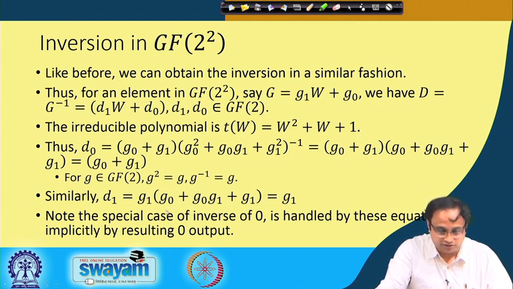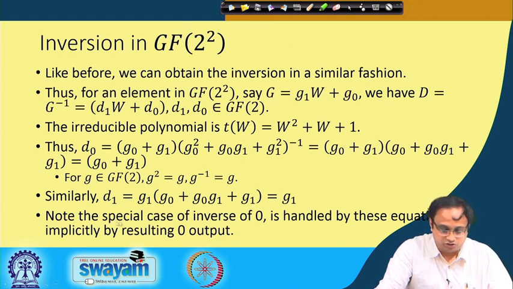If you observe, G1 into G0 plus G1 squared G0, that G1 squared will become G1. So, I will get G1 G0 plus G1 G0. Remember, these are all additions in the GF(2) field, so it is an XOR. Therefore, these two will cancel, and I will have G1 squared, which is equal to G1.